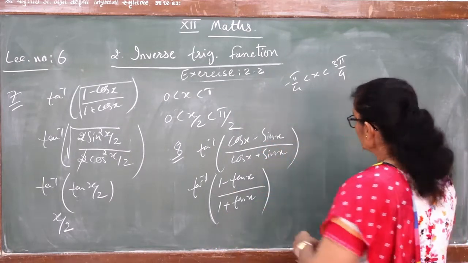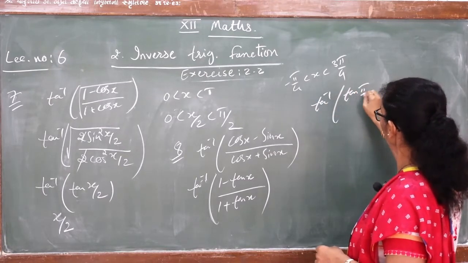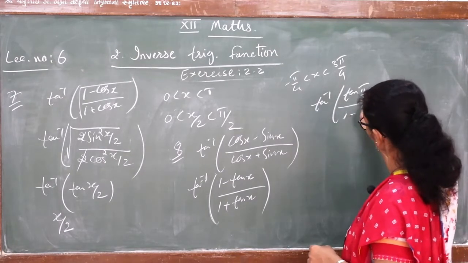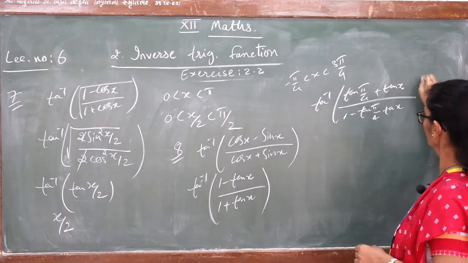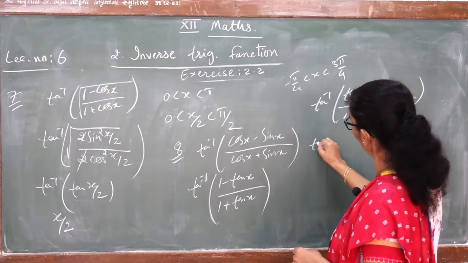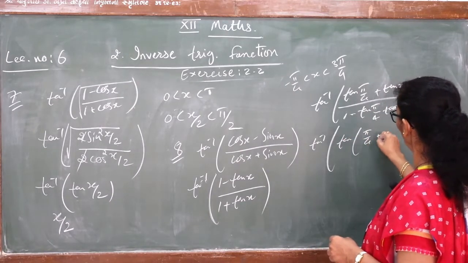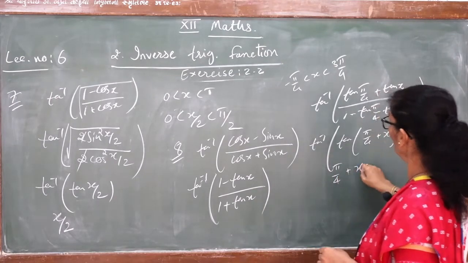Now in place of 1 we will write tan pi by 4, because it is our conversion formula only. So 1 minus tan pi by 4 tan x in the form. Now tan inverse we have tan of (pi by 4 plus x), tan inverse cancels, and the answer is pi by 4 plus x.